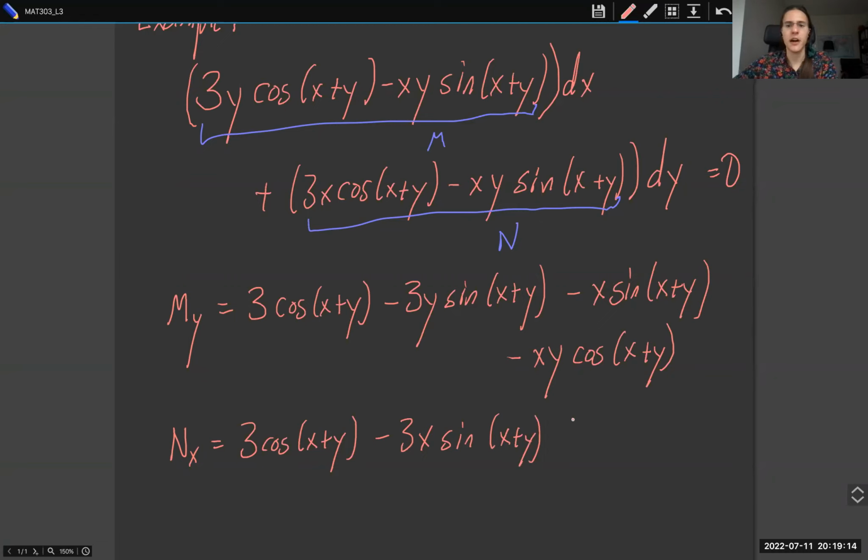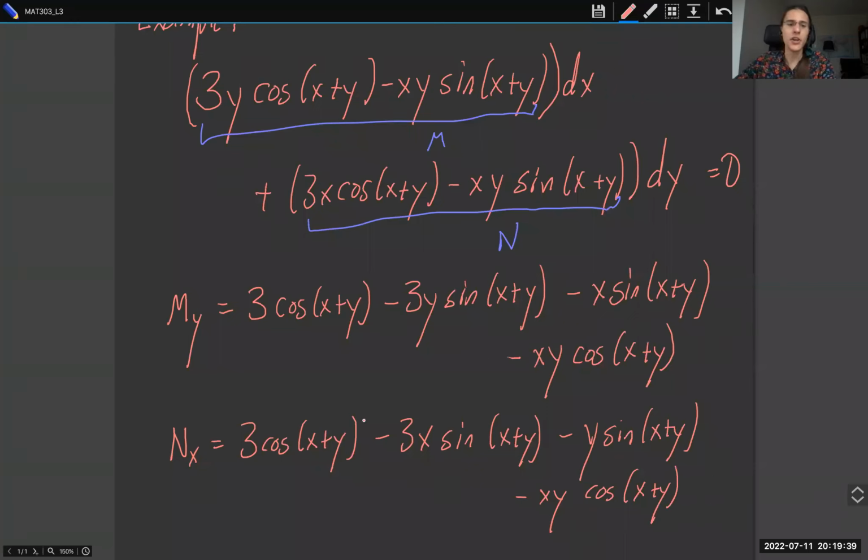Here, again, we're now taking the x partial derivative, so now the y survives. I'm just writing this out quickly because there's a big symmetry in just swapping x and y in these equations. And then minus xy cos(x plus y).